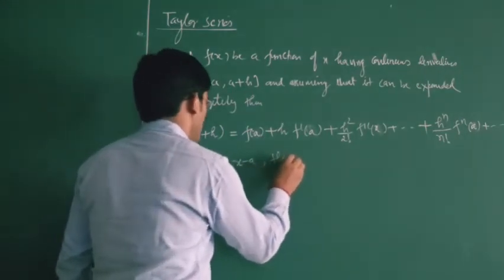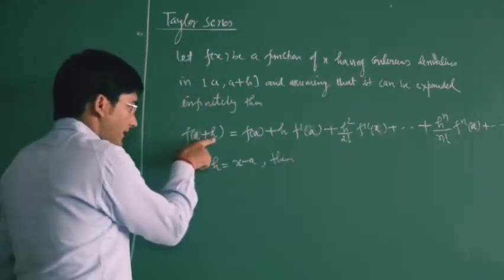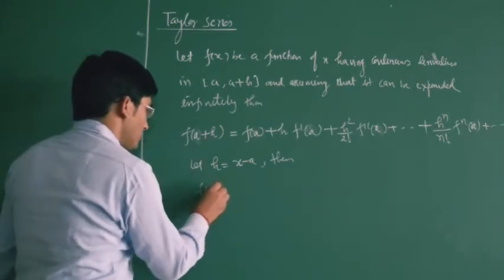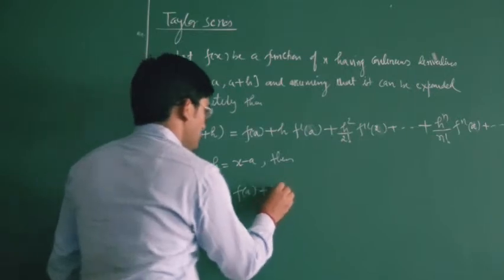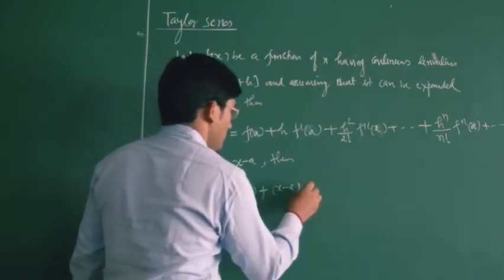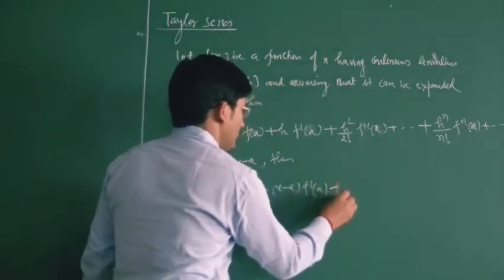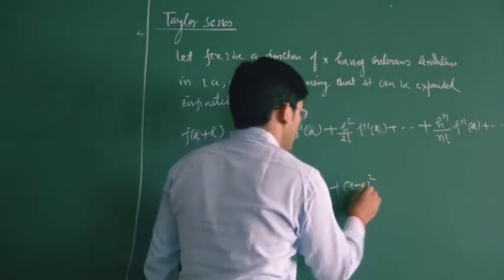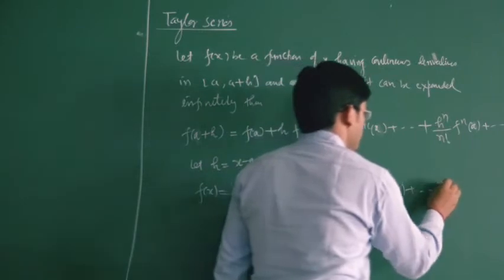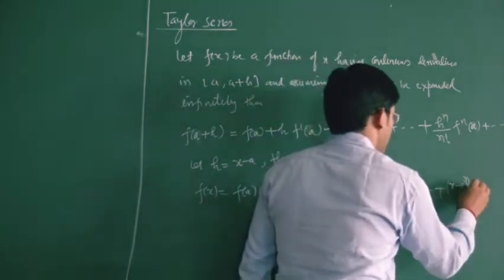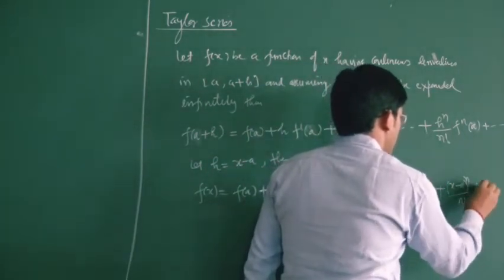Then if you replace h by x minus a, you can say that f(x) is equal to f(a) plus x minus a f dash a, then x minus a whole square upon factorial 2 f double dash a, and so on, then x minus a power n upon factorial n f^n(a).